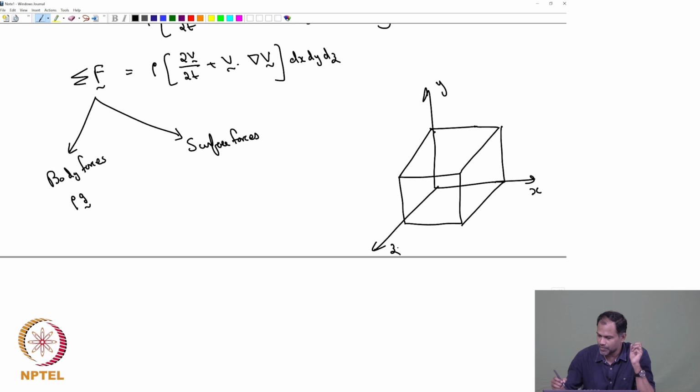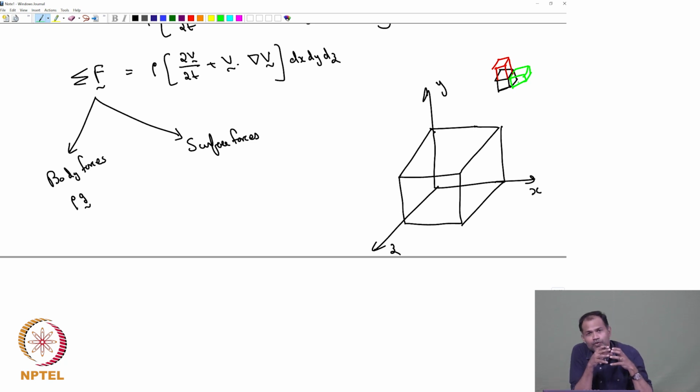So, what I am trying to say is that if that is one of the fluid elements, above it there is going to be another fluid element, then on the side there is going to be another fluid element, and so on.